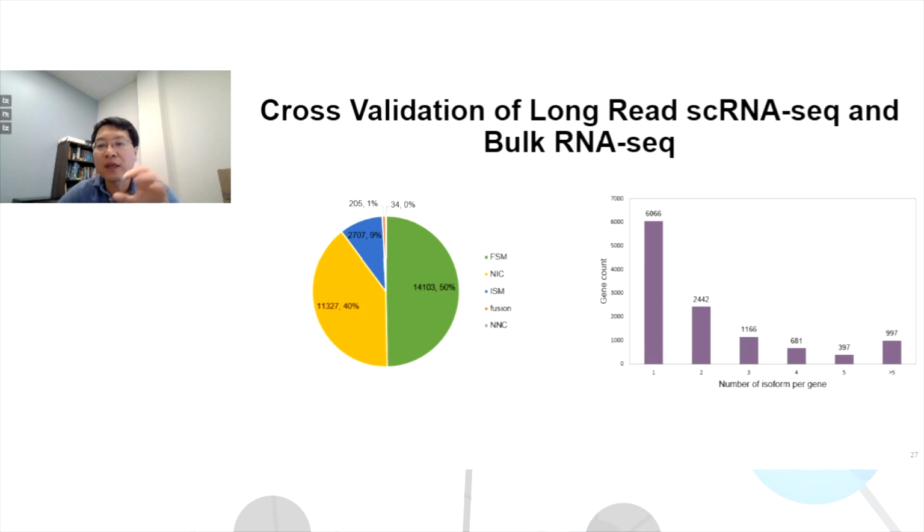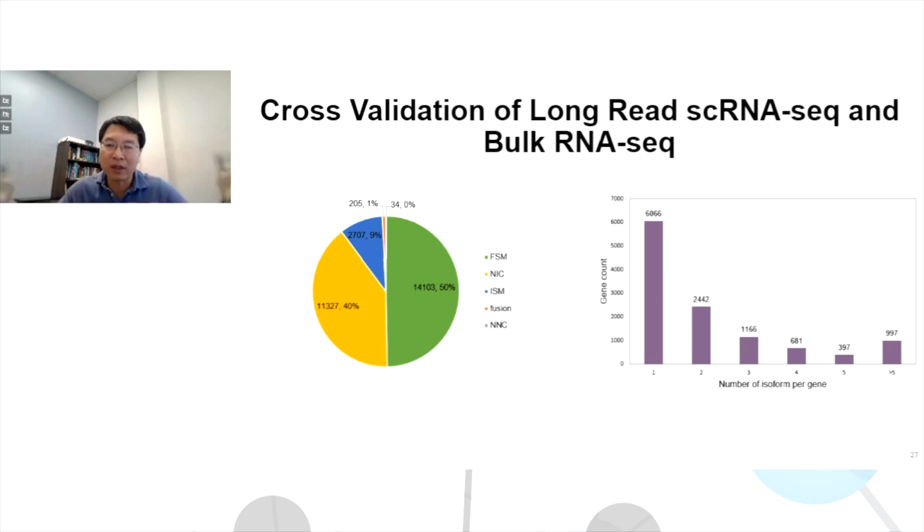We then took the retina and performed bulk RNA sequencing to about 200 million reads, so quite deep. This is not single cell, this is just bulk RNA sequencing.